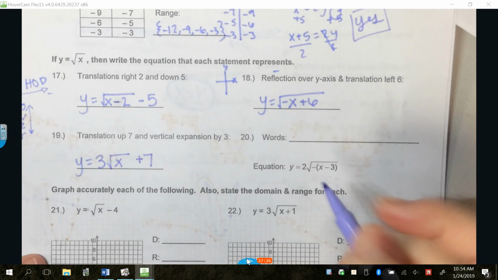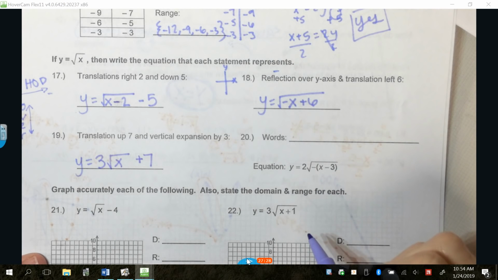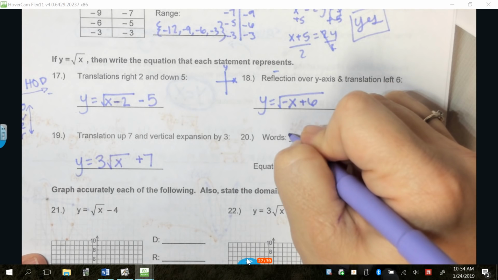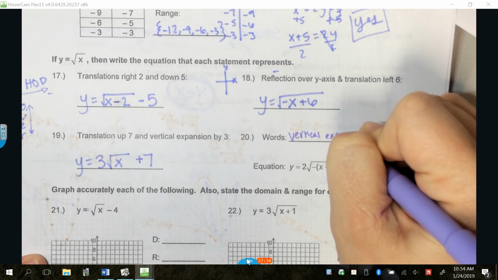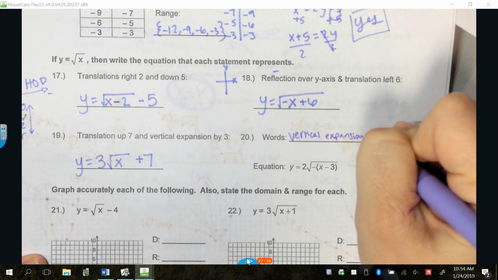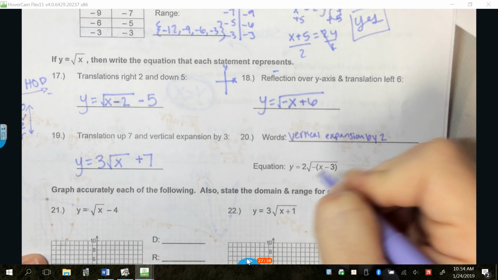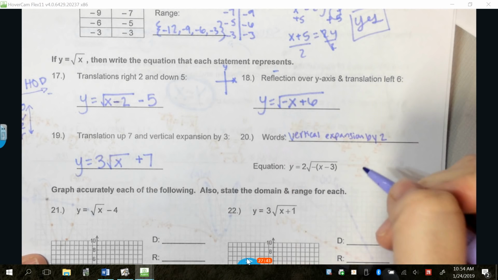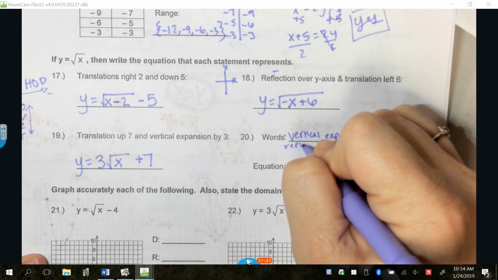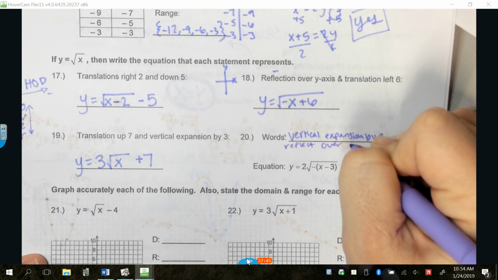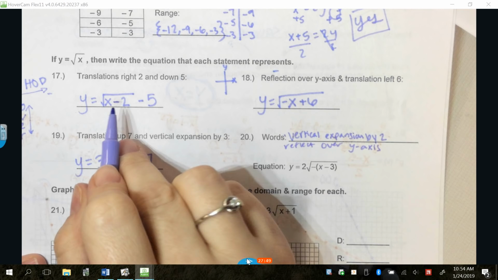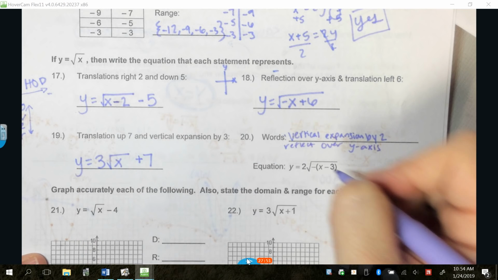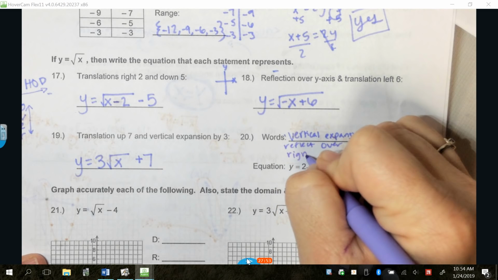So now I'm given a graph and I'm told to describe it. So the 2 on the outside means a vertical expansion because it's bigger than 1 by 2. Okay, the negative on the inside, we just did that, is reflect over the y-axis. And the minus 3, minus means right, so right 3.